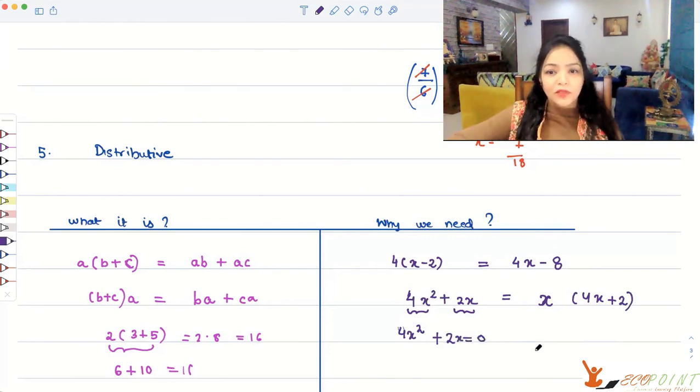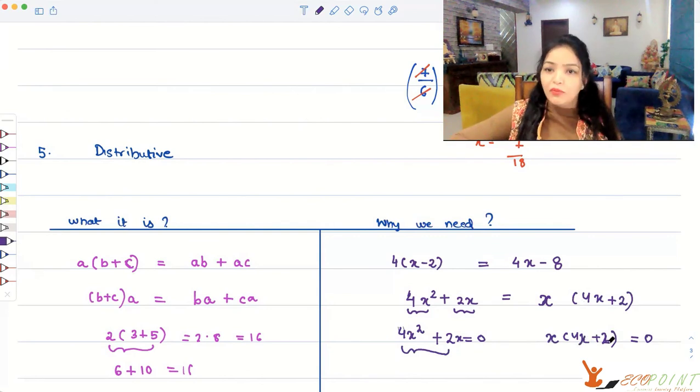Then what is beneficial for me? Instead of keeping the expression like this, more beneficial would be to make it into a product of two factors like this. What are we doing here? We are using the distributive property here, right?